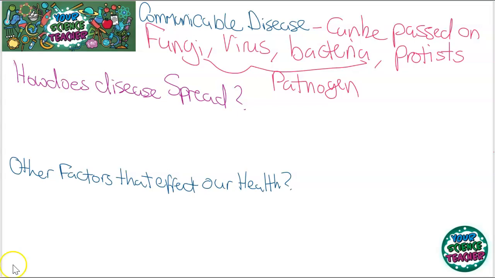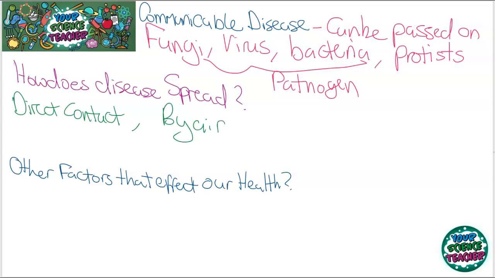And these can all be spread, but how does a disease spread? Well, it can be from a few things. You can have diseases that spread by direct contact, such as diseases like STIs, gonorrhea, where you are in direct contact with the person. However, it doesn't always have to be direct contact. Sometimes diseases can travel by air.